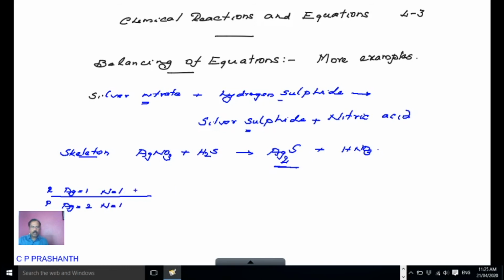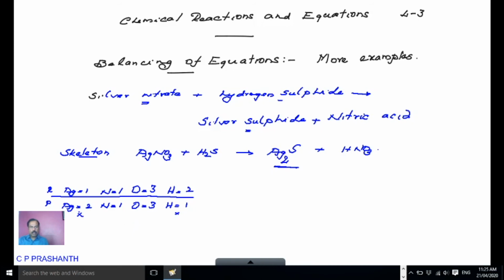Number of nitrogen is 1 on the left, and on the right also number of nitrogen atoms is 1. Oxygen on the left hand side is 3, and oxygen on the right hand side also is 3. Now hydrogen on the left is 2, and on the product side it is 1.